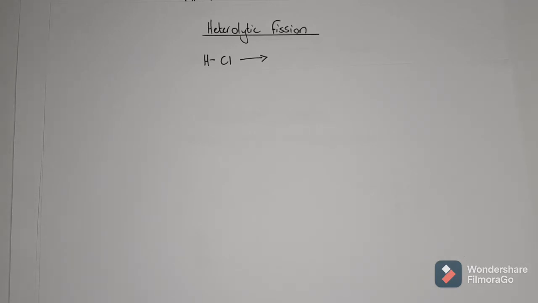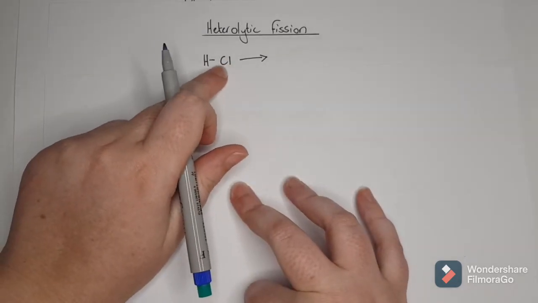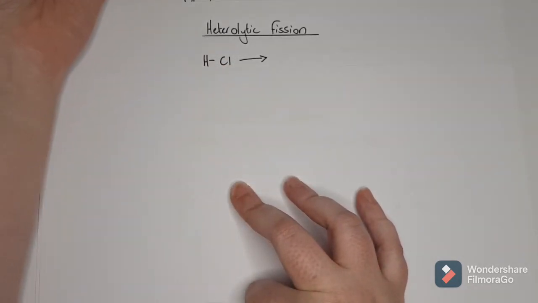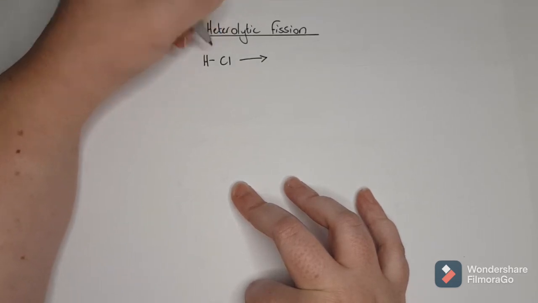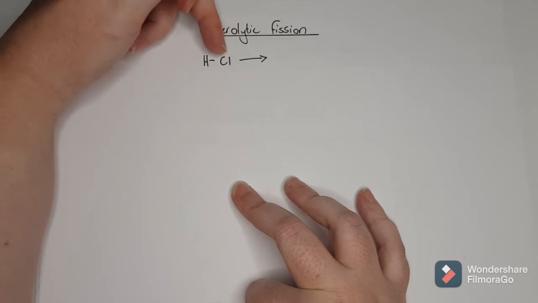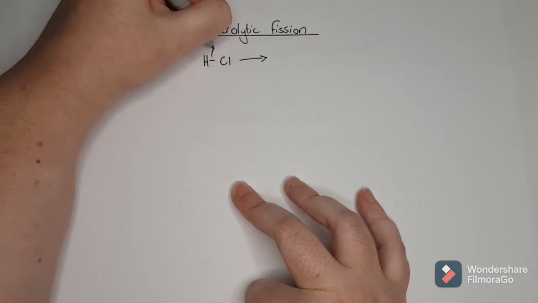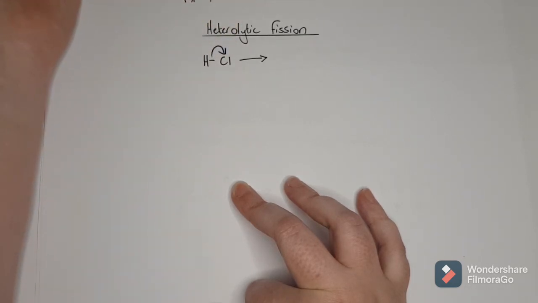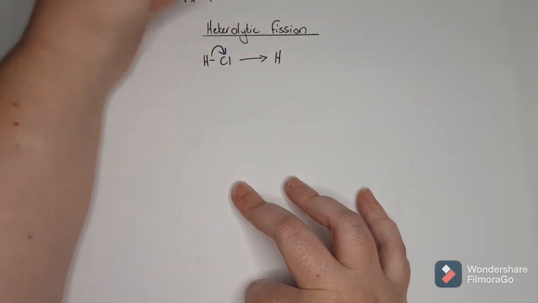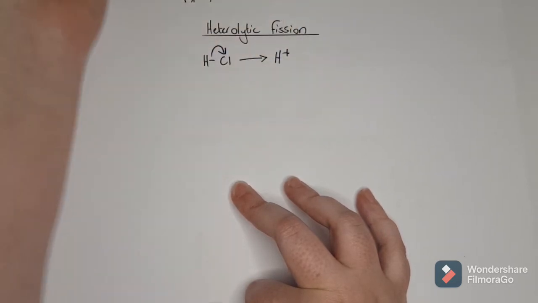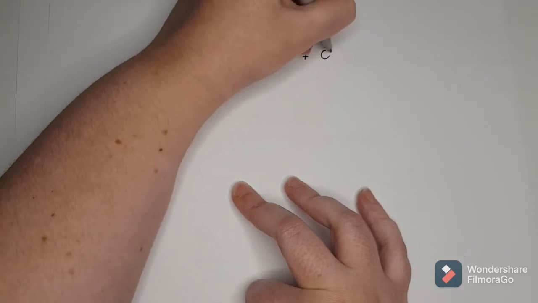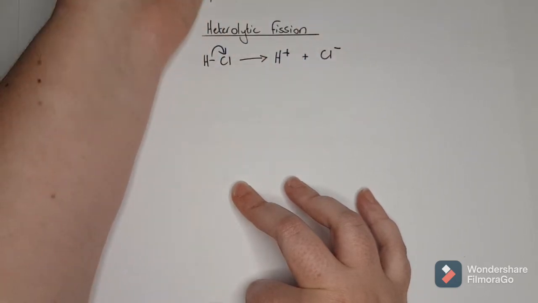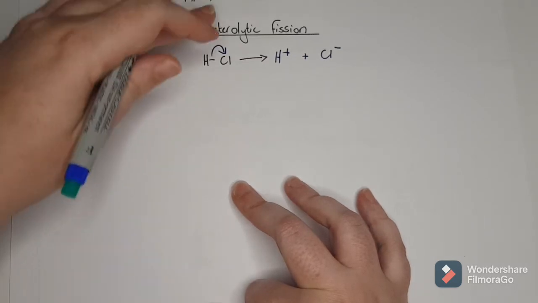So when we're splitting it up, where the bond is, we will draw an arrow towards the atom that is taking both electrons. So in this case, between H and Cl, Cl is more electronegative, so it will take both electrons. And that will leave us with hydrogen without the electrons, so it will form a positive ion, and chlorine becomes negative because it took both electrons.